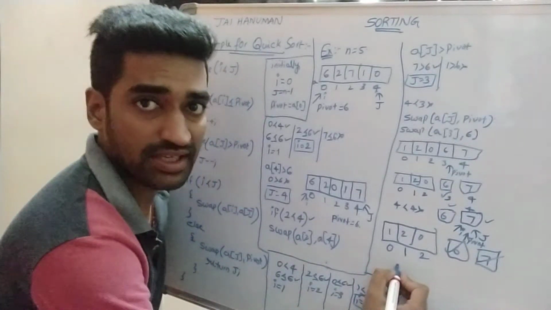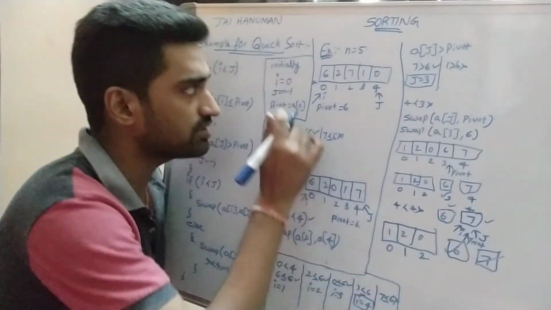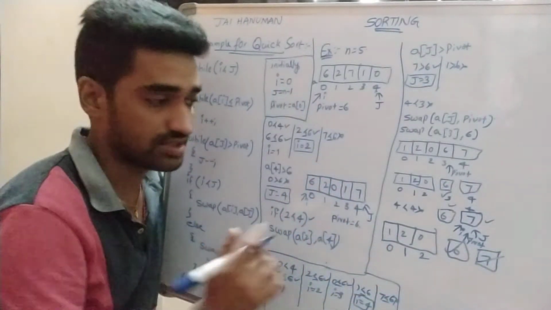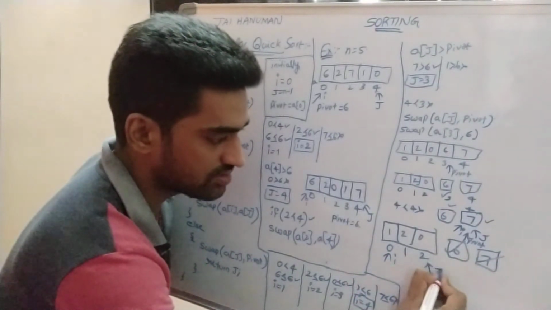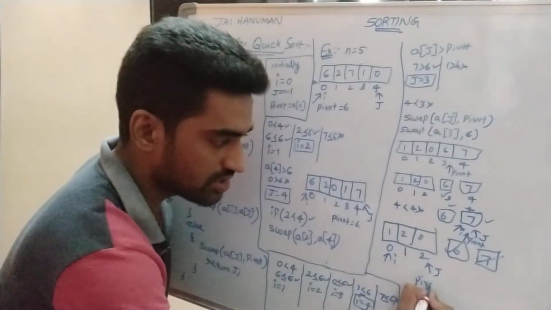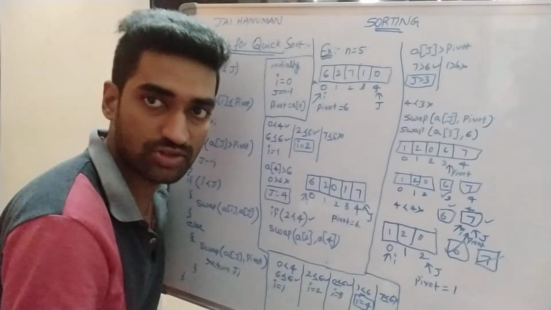So here I am taking this array, 1, 2, 0. For this array I set the I, j and pivot positions. This is I, this is j. What is the pivot? A of 0, which means 1. The pivot position is set to be 1.